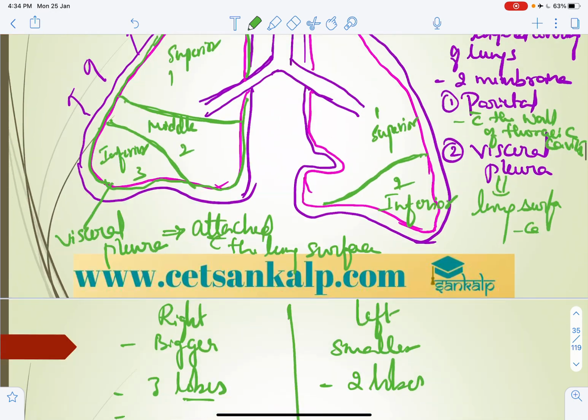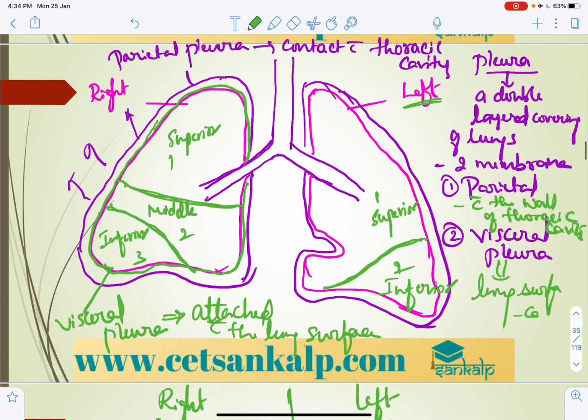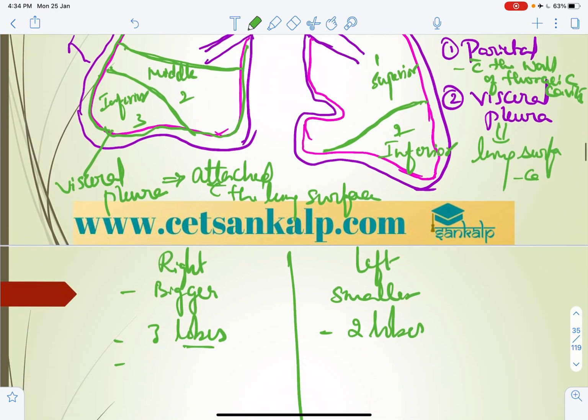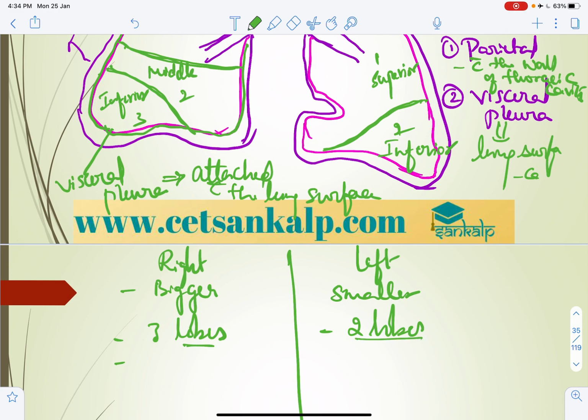So there are 3 lobes in the right lung, and 2 lobes in the left. These names you have to keep in mind. This is called the oblique fissure.